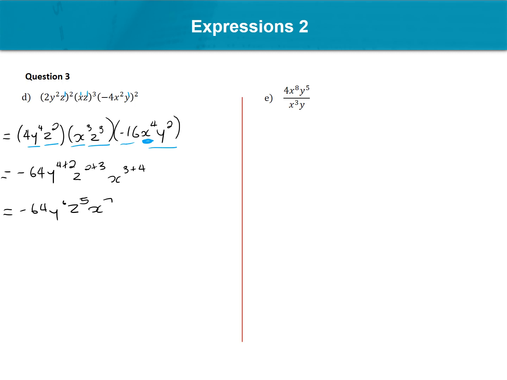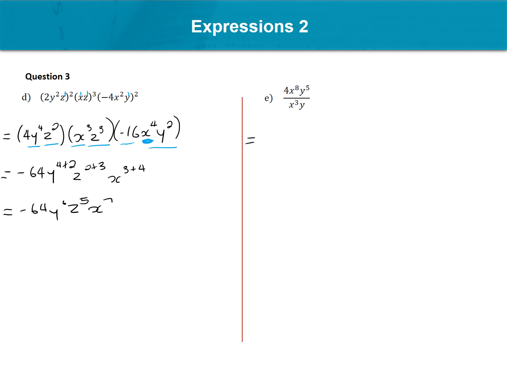The last question, E, we have a fraction, which means we need to try and get rid of the denominator. Once again, we can do it 2 ways, so I'm going to show you both ways of doing it. The first way of doing it is to take out what's common.